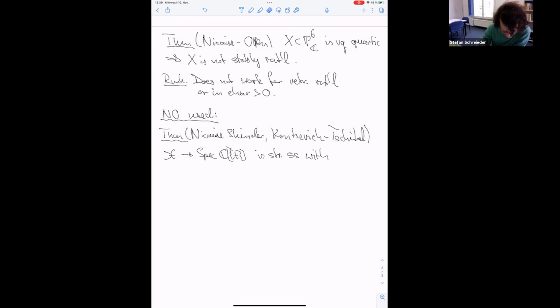So if you have such a nice degeneration with special fiber Y that has some components, then the geometric generic fiber, if that is stably rational, then there's a certain identity.